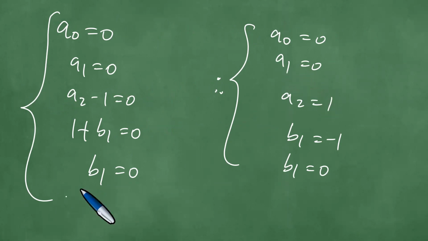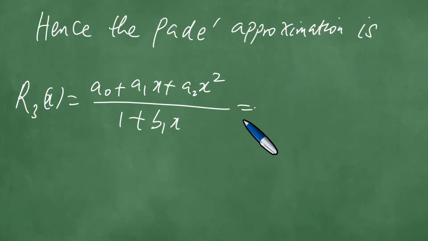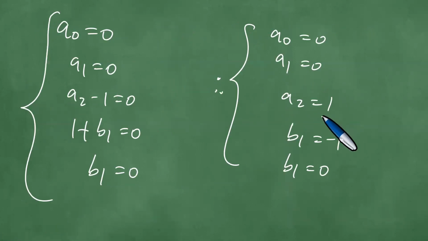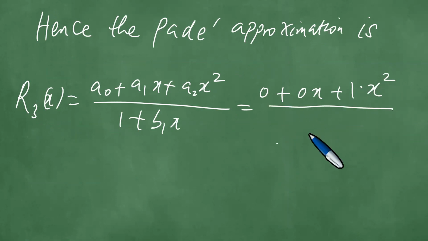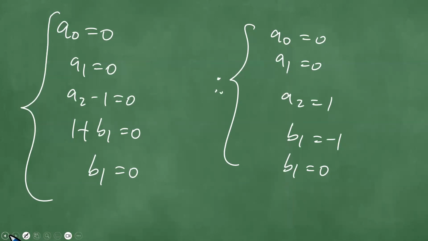A0 is 0, A1 is 0, but you can see that A2 is 1. So x squared divided by 1. What is B1?